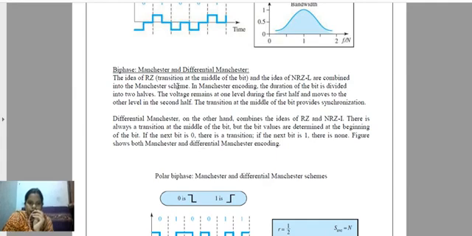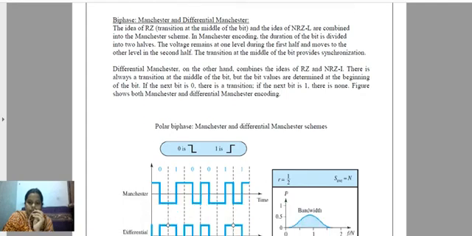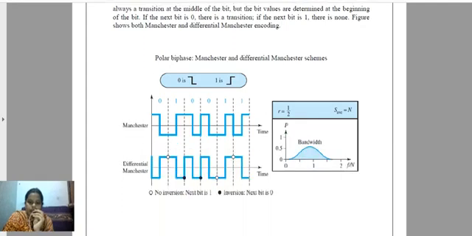Manchester is the combination of RZ plus NRZ L, and differential Manchester is RZ plus NRZ I. Okay, now suppose in polar scheme we assumed 0 is this signal and 1 is this signal, this digital signal. Okay, 0 is high to low and 1 is low to high.